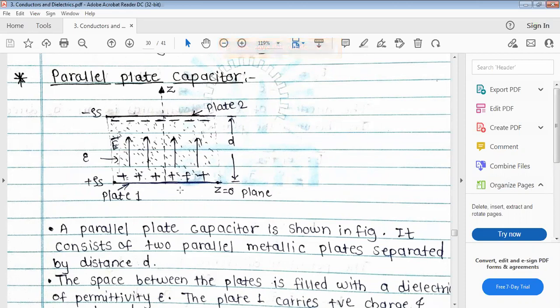Remember, the z axis is perpendicular here.